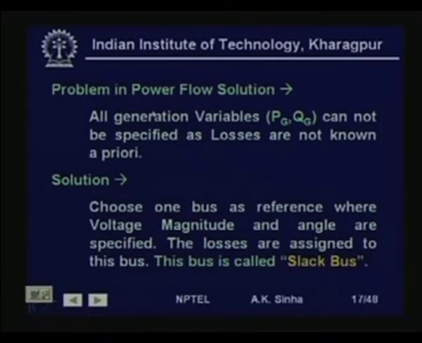What we do is that we specify one of the generating buses as a bus where the power is not specified, rather the power is allowed to vary. We fix the voltage magnitude and the angle at that bus. Normally, the angle is fixed as 0, because that is considered as the reference angle for all the other bus bars, and the voltage magnitude is fixed at a particular value.